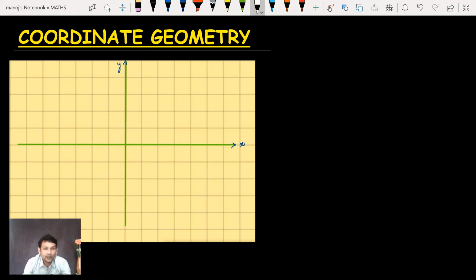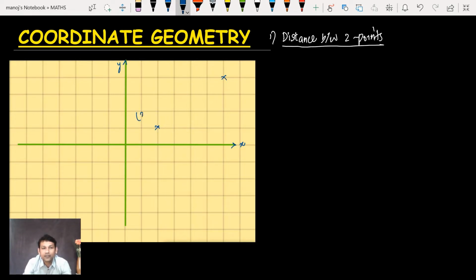But in coordinate geometry, the first thing to know is that we have different formulas. The first is the distance between 2 points. Let's suppose we have 2 points. The first point is here and the second point is here, and I want to find the distance.